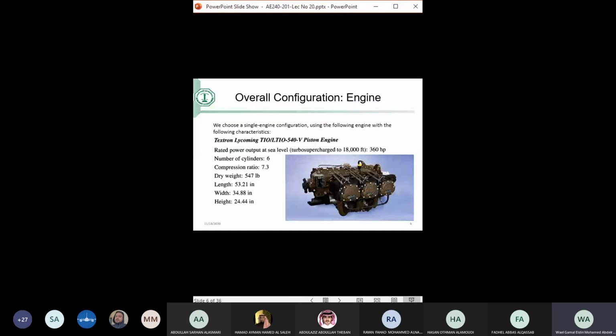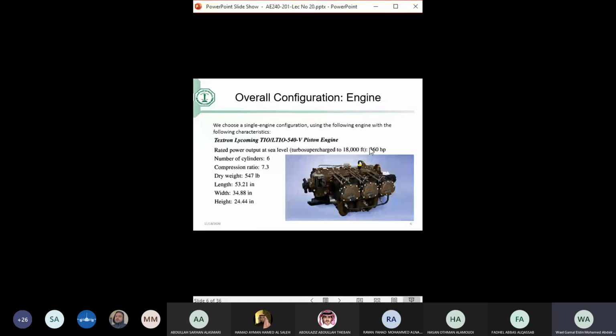So in this example, one engine that was selected is the Textron Lycoming 540 piston engine. It has 6 cylinders, so you see 3 in here, 3 in here. They are opposed cylinders, so they operate horizontally like this. And why was it selected? Because it produces 360 horsepower, very close to what I need.